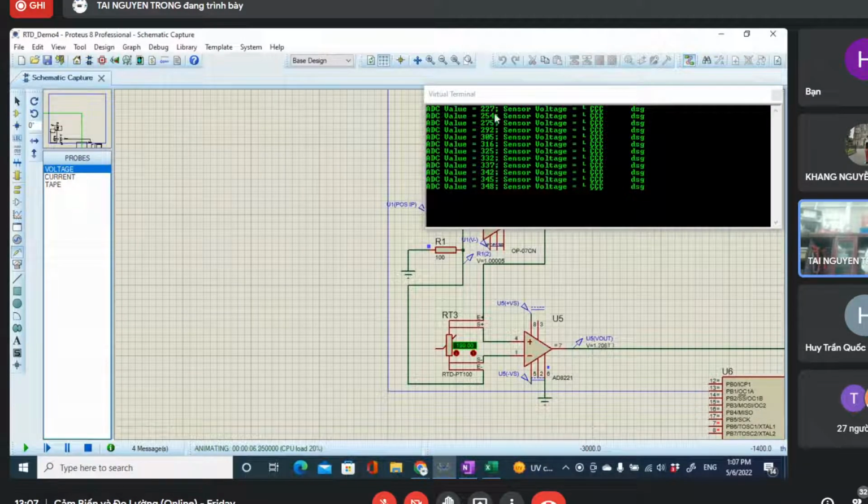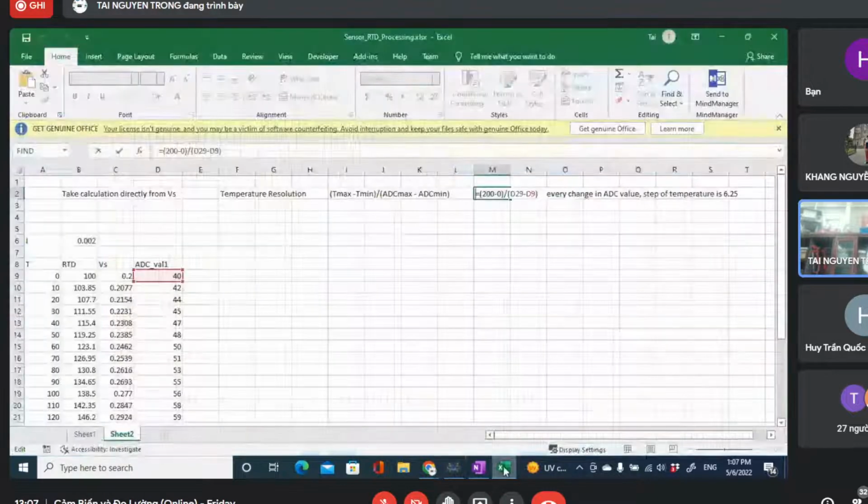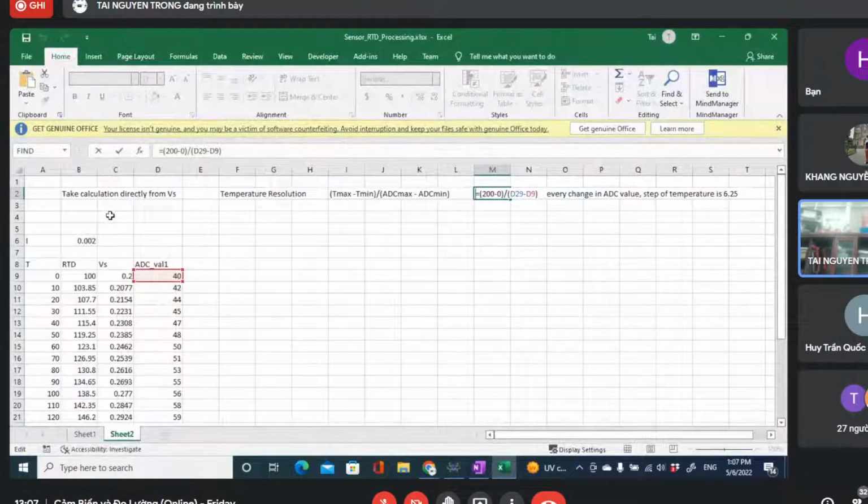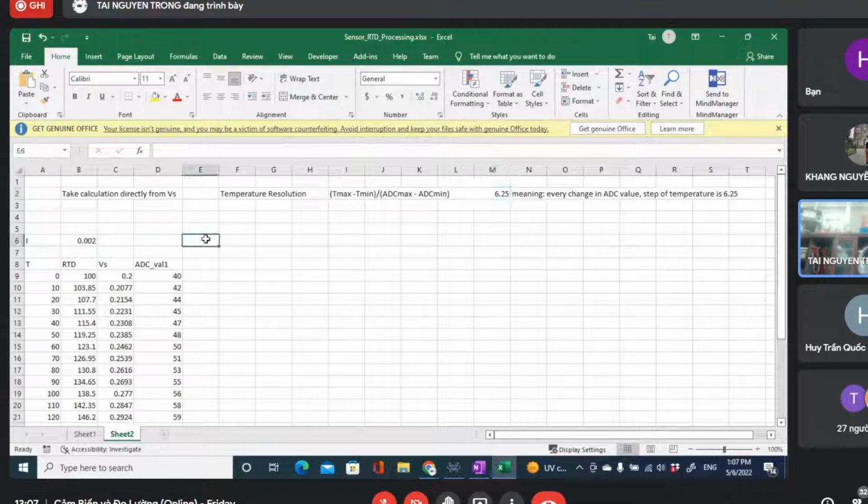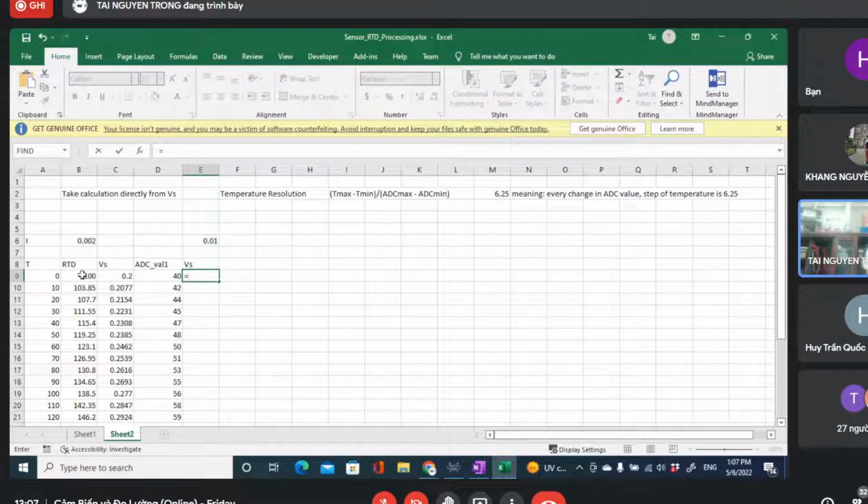Okay, and then in this case, it will be more sensitive. The next one, the current is 0.01. And in this case, we can take a value of Vs. It will be this value, RTD multiplied by this one.